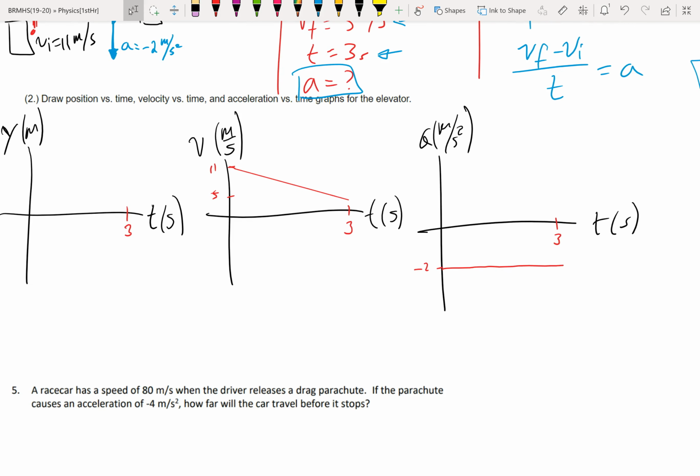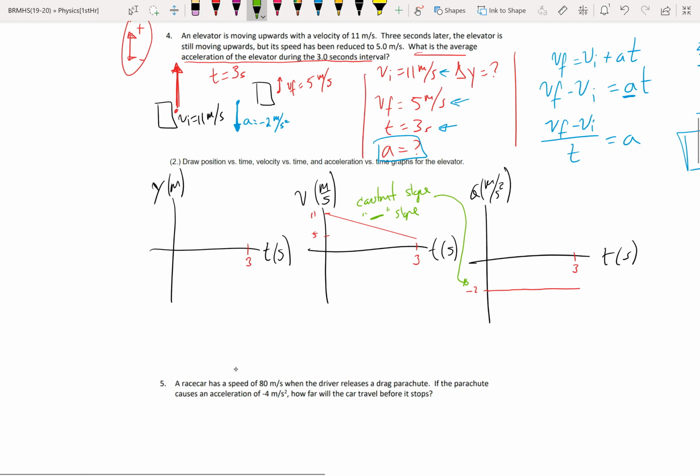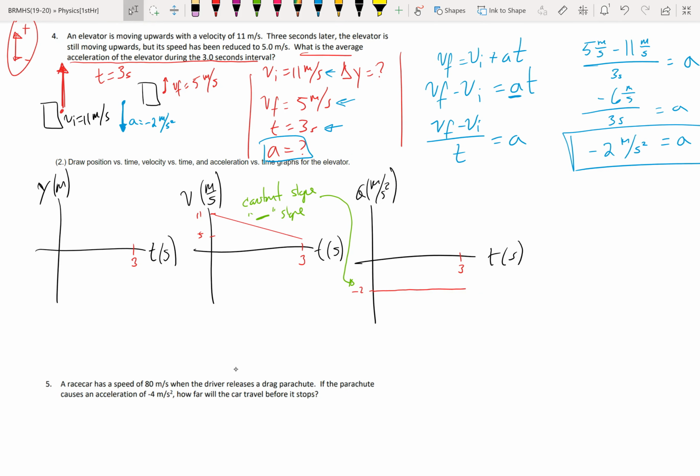So constant slope, it's negative. Remember, this is a constant slope. It's linear. It's a negative slope. So that tells me my acceleration is a constant negative value. And the velocity is always positive. The acceleration is a constant negative, so they're opposite directions. That means slowing down.